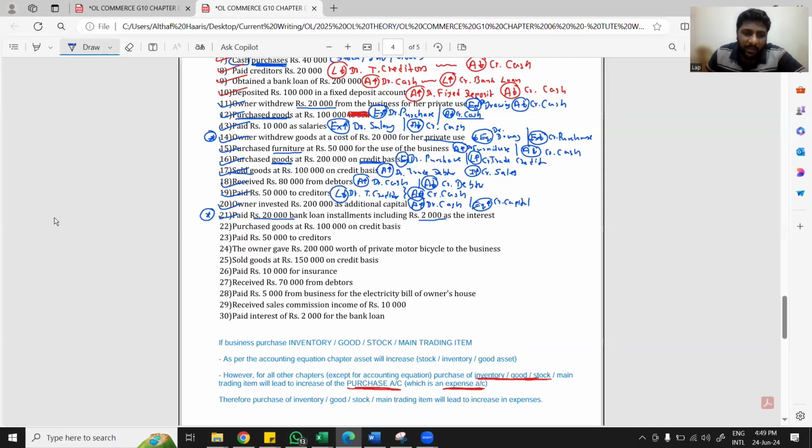People, purchase of goods. So tell me, goods, which account? Goods purchase account. Good. Debit purchase account. On what basis? Cash basis or credit basis? Credit basis. That means trade creditors. Debit purchase, credit trade creditors.